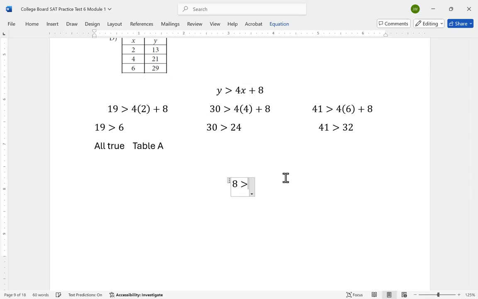So we go 8 greater than 4 times 2 plus 8. That's the first inequality. The second inequality would be 4, 16, so that's 16 in for y, 4 in for x. And then the last inequality would be 6, 24.